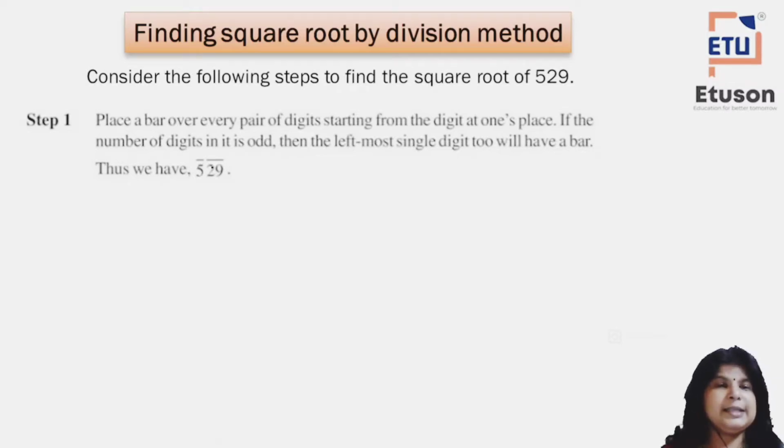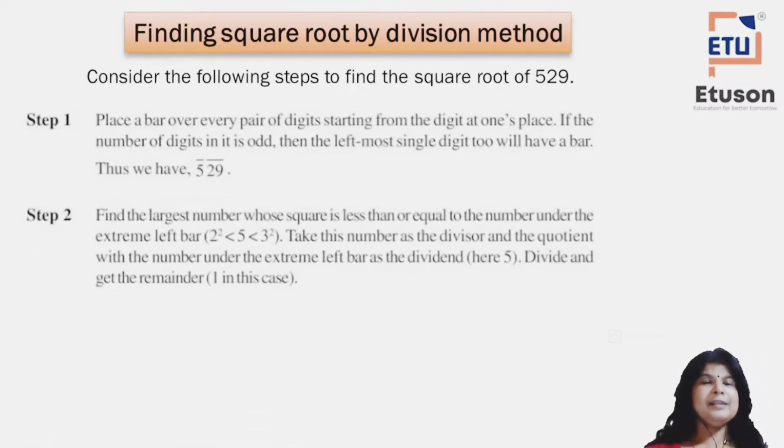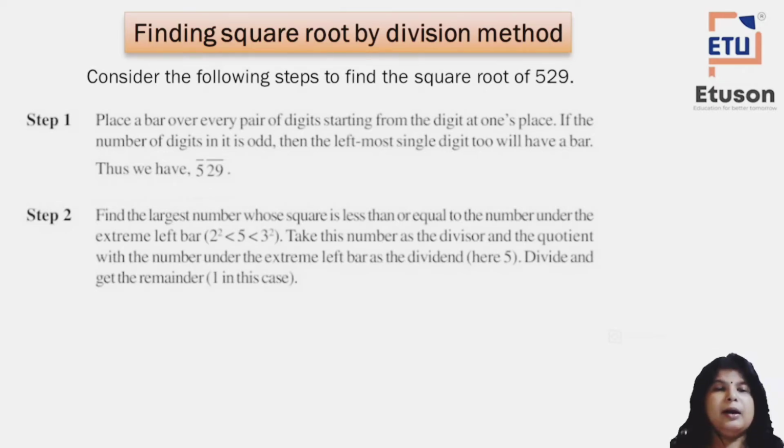What is the next step? Find the largest number whose square is less than or equal to the number under the extreme left bar. So what is the number in the extreme left bar? It is 5. So now you have to check a number whose square is less than 5.